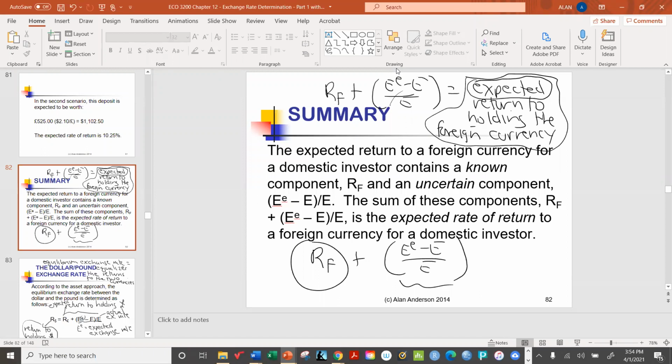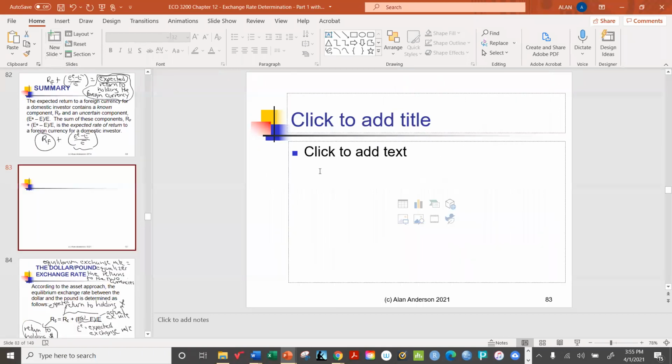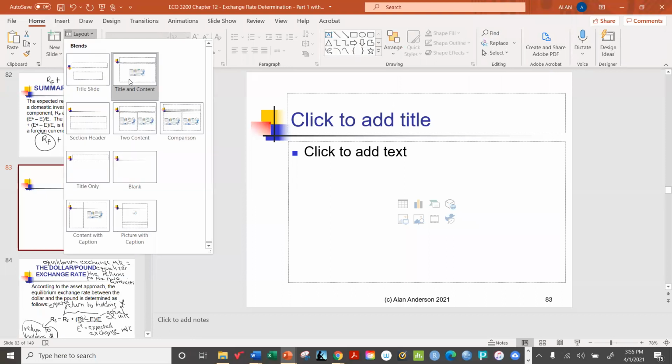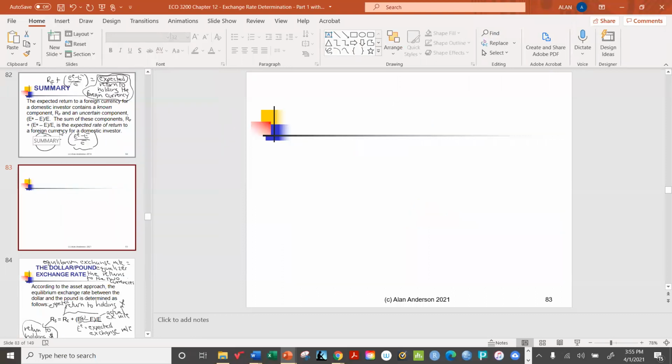So now, when you look at this whole equation brought together again, you'll see that what you really have here is an equilibrium condition. What does that mean? Once again, this is the condition we had earlier: RD equals RF plus this expression.